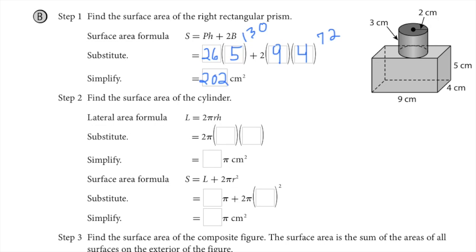Now we're going to find the surface area of the whole cylinder. First, the lateral area is your circumference, 2 pi r, times the height. Our radius is 2, so 2 pi times 2 times the height of the cylinder, which we're told is 3.